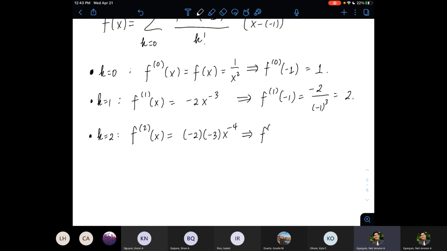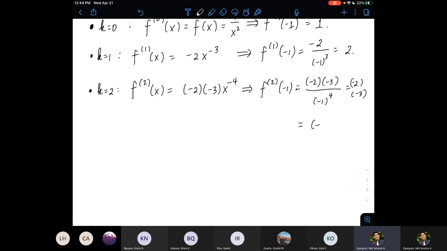So when I plug in -1, I'll get -2 times -3 all over (-1) to the 4th. So this will just be -2 times -3, or I can write it as (-1) to the power 2 times 3 times 2, right? I don't want to multiply because I'm trying to get the pattern.